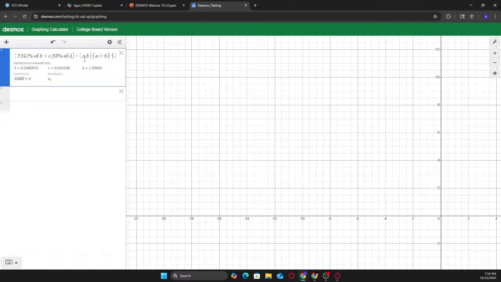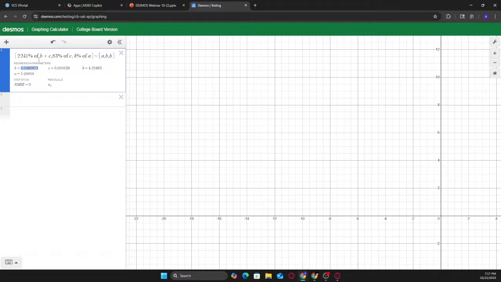So what percent, so we can say K percent of B, or what percent of B is A? So we can say K percent of A, and then we can say B. It can be this wonky.